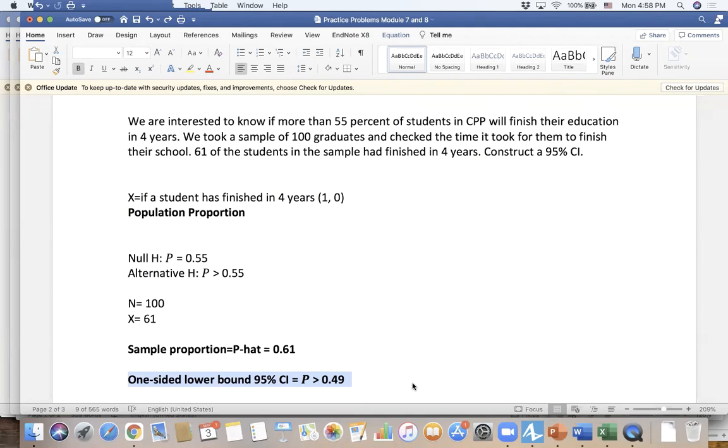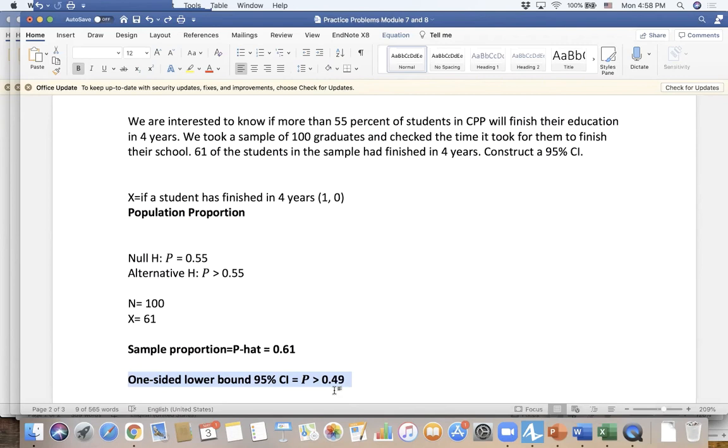0.55 is greater than 0.49? Yes, it is. It does fall, okay? So this confidence interval says the unknown P falls somewhere greater than 0.49. I'm 95% confident of this claim.